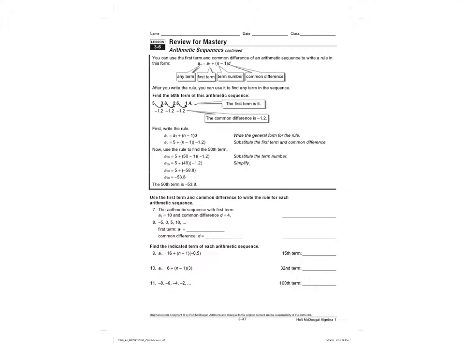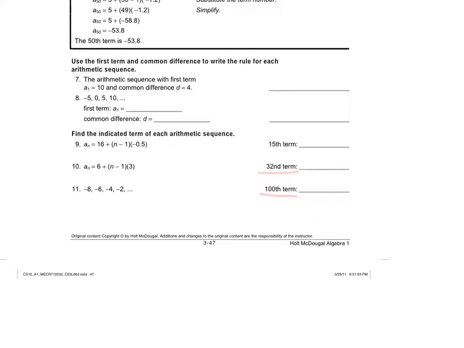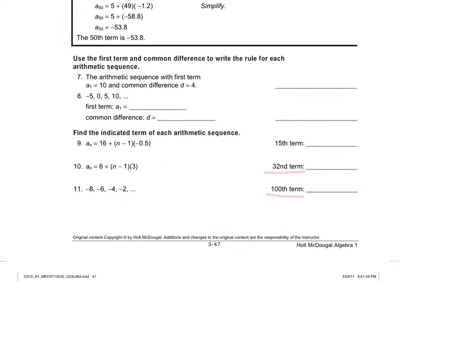You will also have a question where you're going to be asked to find a term that's far away, like the 100th term or the 32nd term. You will need to use the formula for these questions. And again, the formula is a sub n equals a sub 1 plus n minus 1 times the common difference.